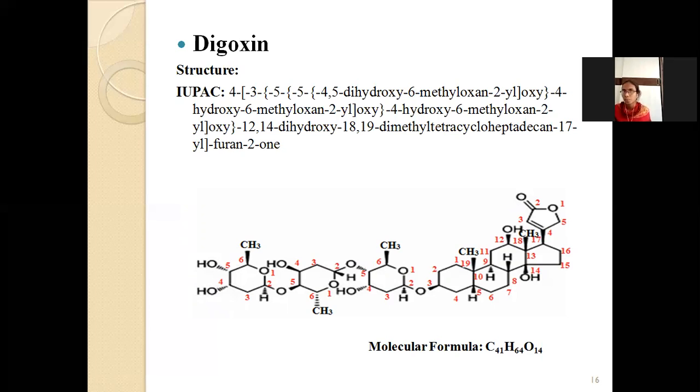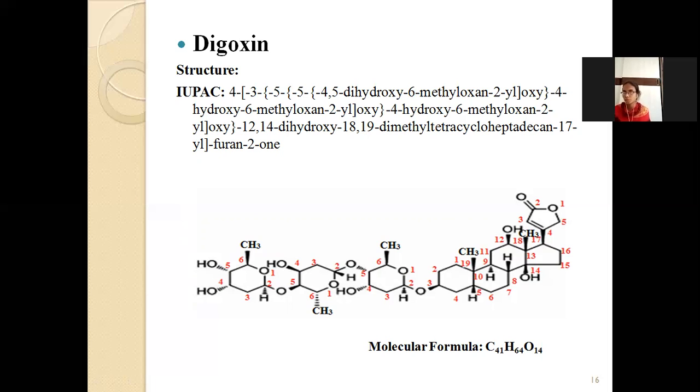And see here the IUPAC name: 4-[(3-[(5-[(4,5-dihydroxy-6-methyloxan-2-yl)oxy]-4-hydroxy-6-methyloxan-2-yl)oxy]-4-hydroxy-6-methyloxan-2-yl)oxy]-12,14-dihydroxy-18,19-dimethyl tetracycloheptadecane 17-yl furan-2-one. So this is the IUPAC name of digoxin.